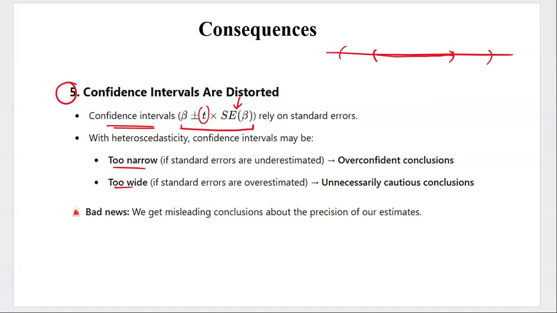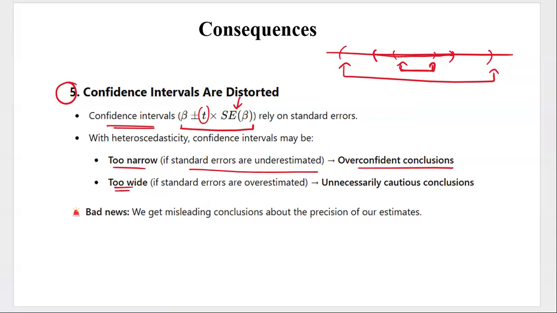When standard error is too high, it will be a widened confidence interval, or it could be too narrow a confidence interval. So see, too narrow: if the standard errors are underestimated, the interval will be too narrow, like this, giving overconfident conclusions.